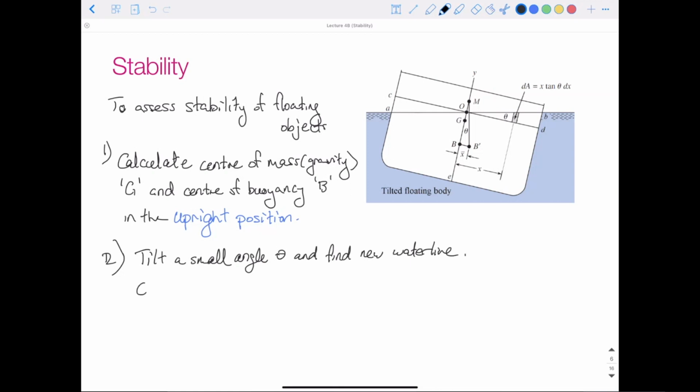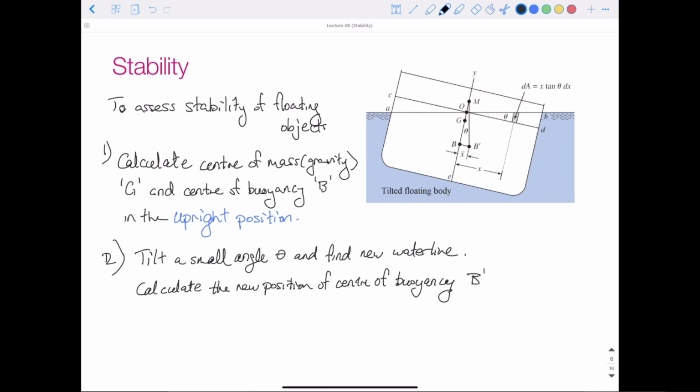And then we're going to calculate the new position of the center of buoyancy. And we'll call that B prime.